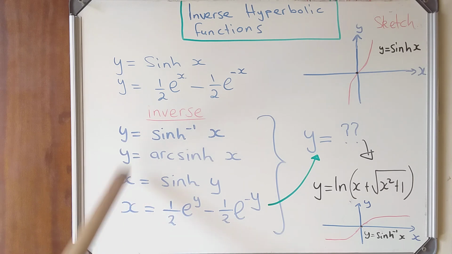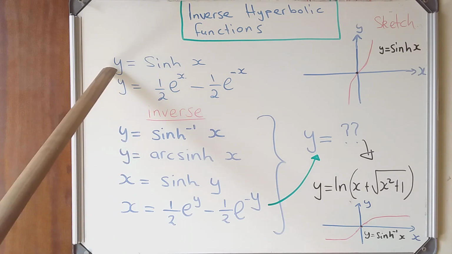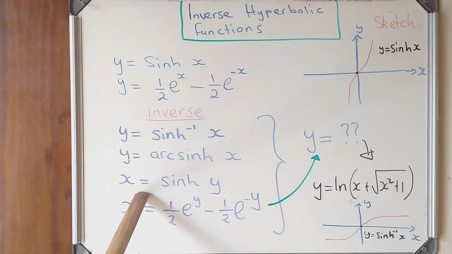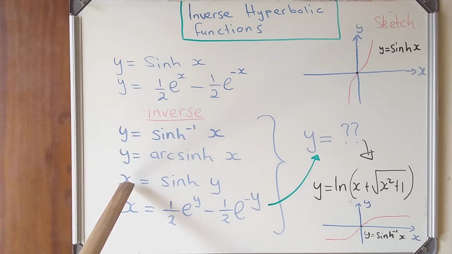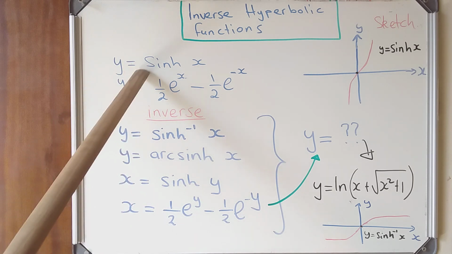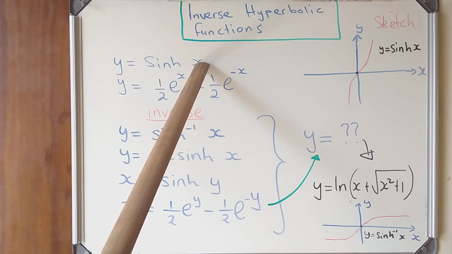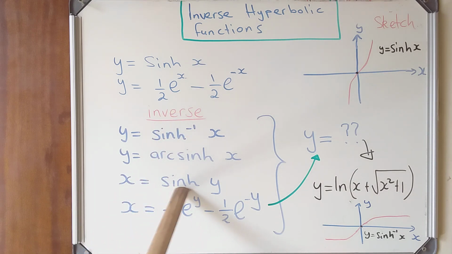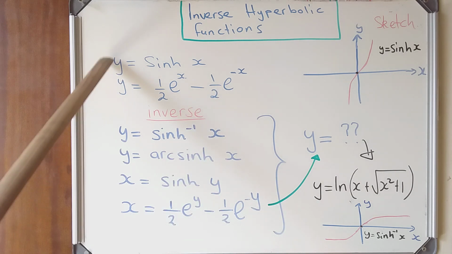So x will be simply sinh of y. If you are given the function y equals sinh x, and you want to find what x is, it won't be x equals sinh x. It's only the inverse. So this is the original one, then the inverse will look like this. So y equals sinh x, then the inverse of this will be x equals sinh y.